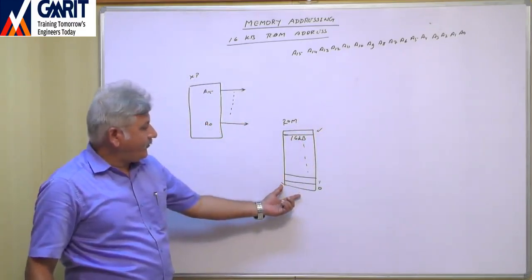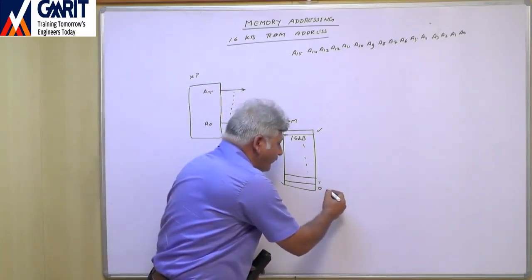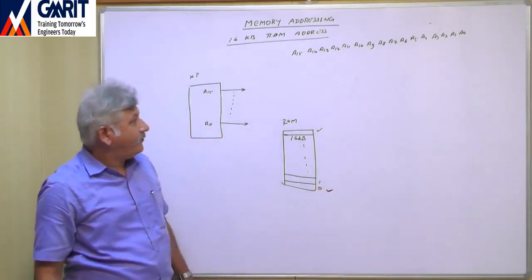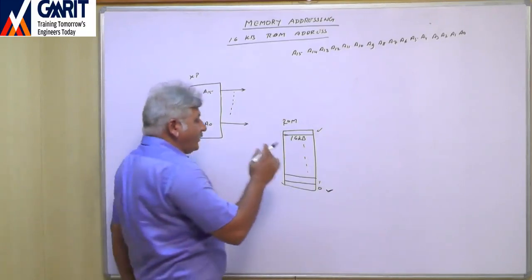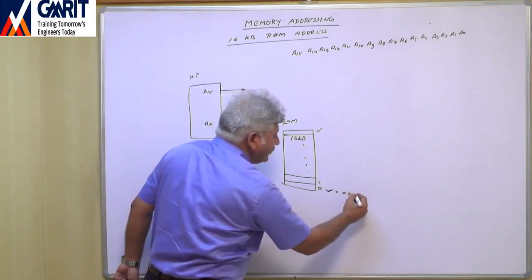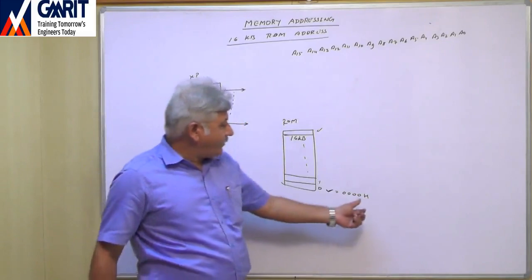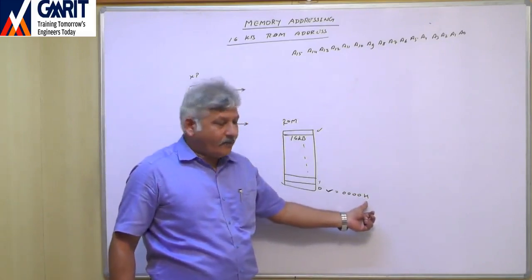Now as a designer, we first have to decide what the address of my first location shall be. Let us assume the address of my first location is 0000H. Here this H indicates hexadecimal number system.